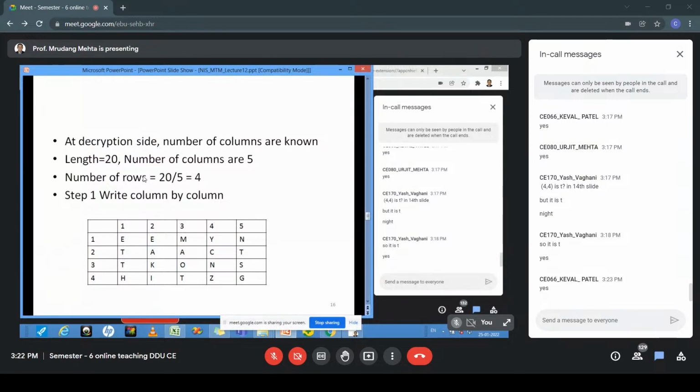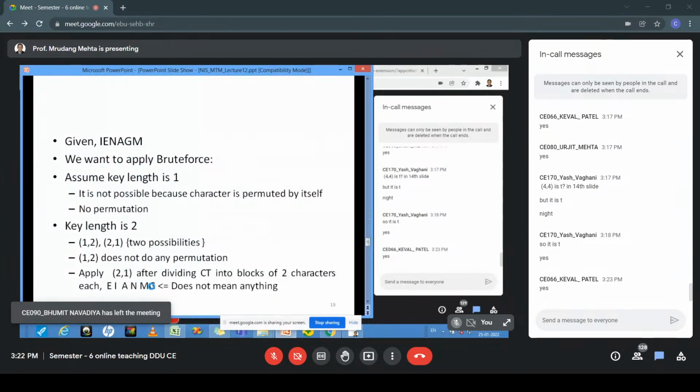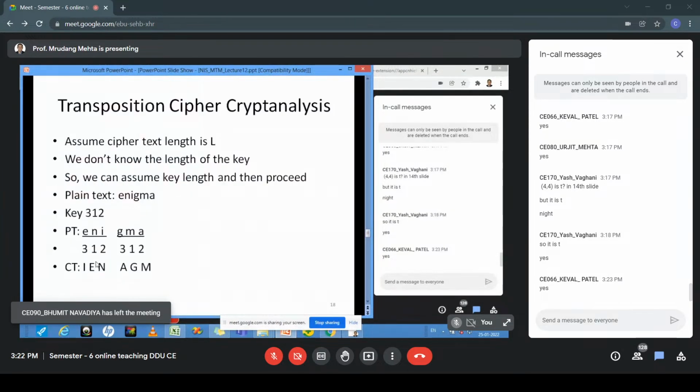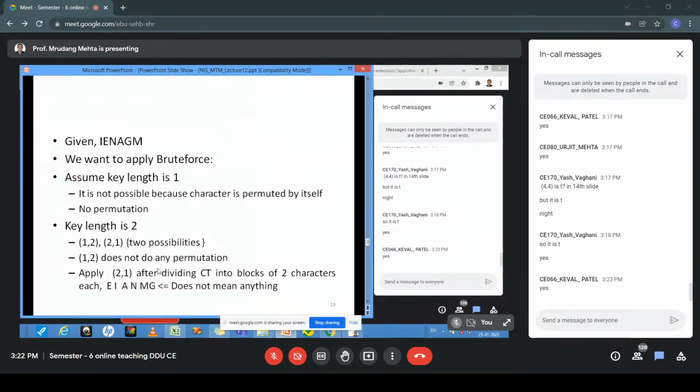So we apply 2, 1. After dividing the ciphertext into blocks of 2 characters, we get EI, NA, MG. We get ciphertext equal to EI, NAMG.